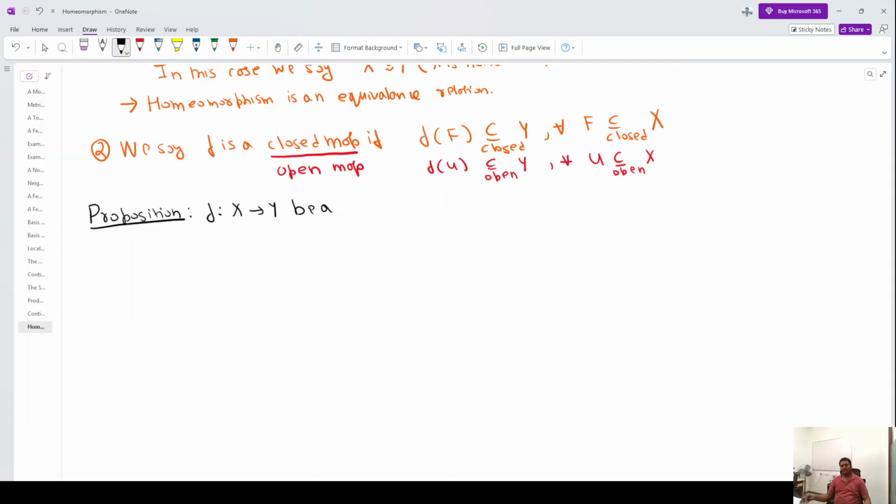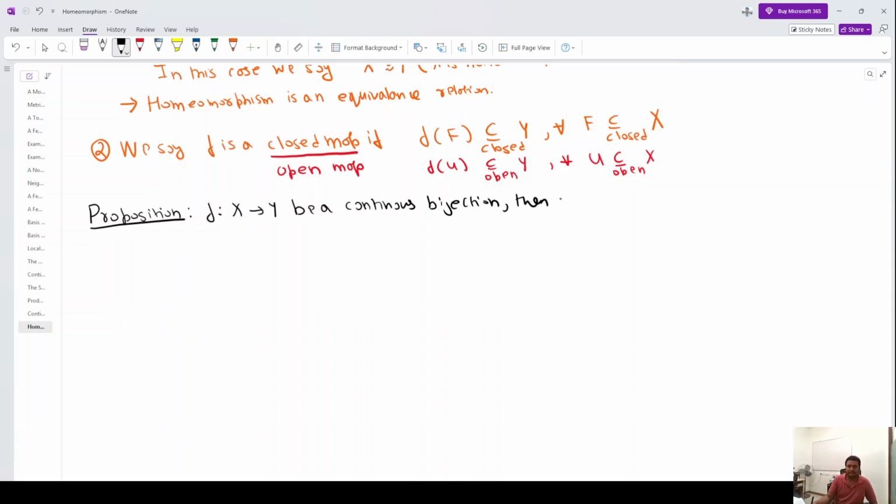We will see if it is not. So f from X to Y be a continuous bijection.